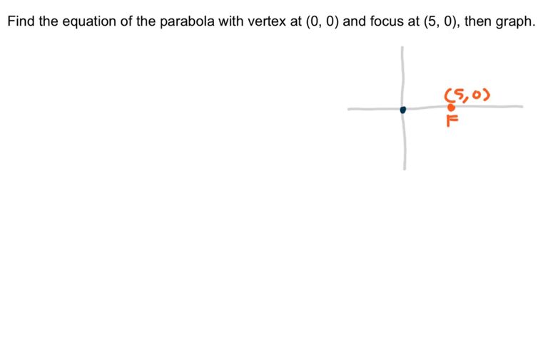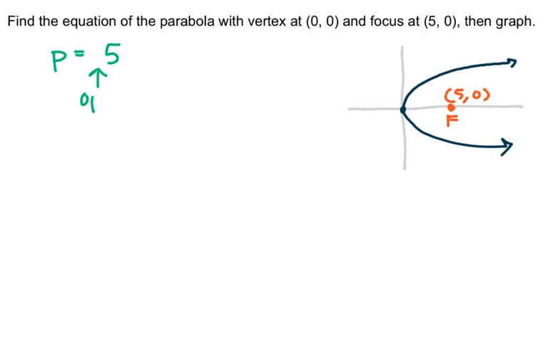In this situation, we can say that p is equal to 5. Now, is it a positive or a -5? Which way is my parabola going to open? Is it going to open around the focus or away from the focus? And of course, we know from what we learned previously that it opens around the focus.